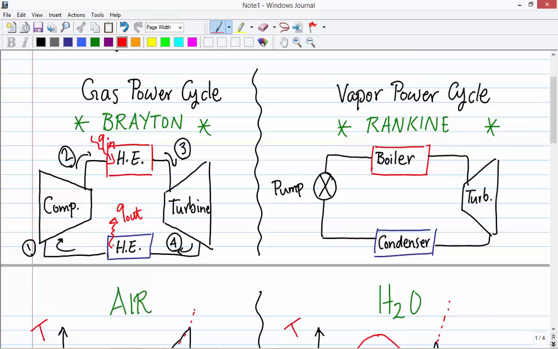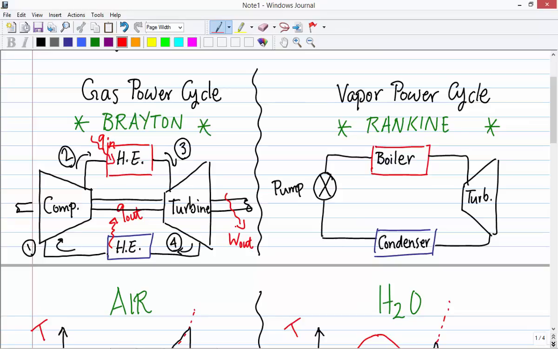Turbine and compressor in most cases are connected through a shaft. Here's the shaft which connects the turbine and the compressor, and at the outlet we get the work out as the shaft work. That would be the net work, which is in our equation.